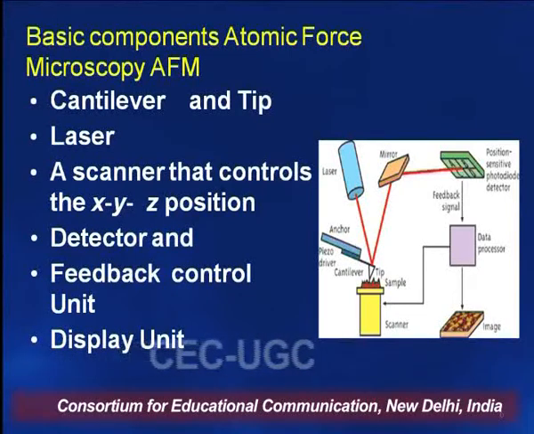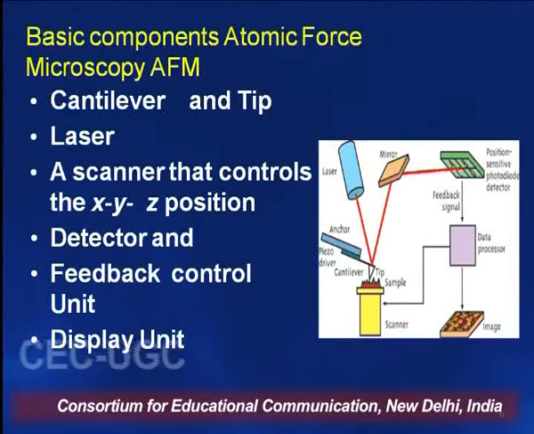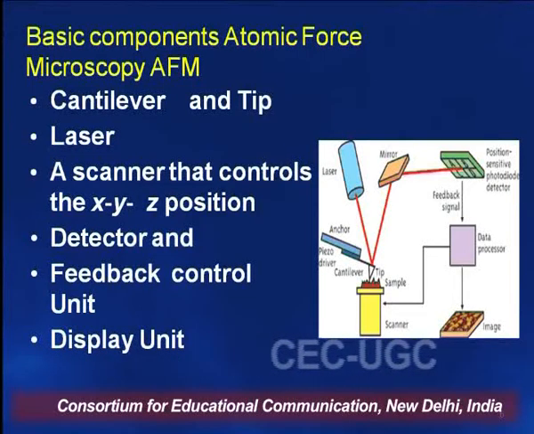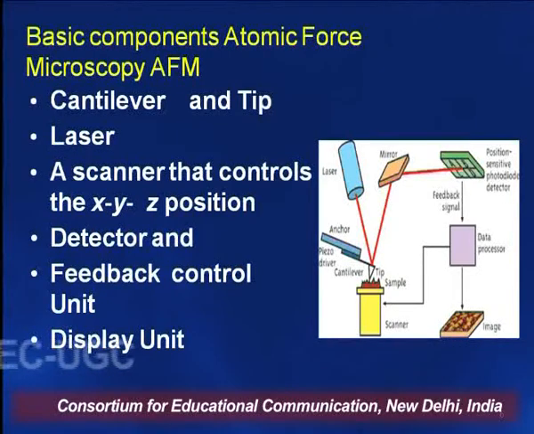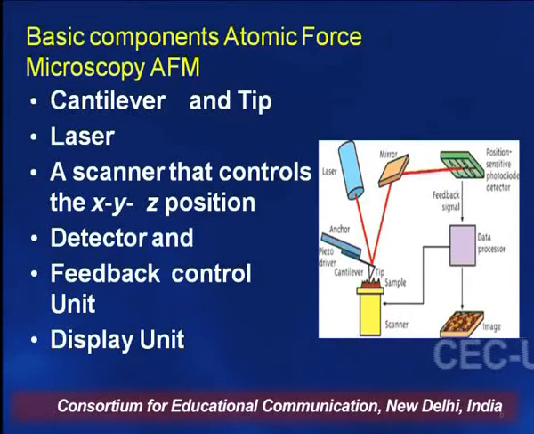Then the scanner that controls the XYZ position of the tip, the detector that detects the output, the feedback control unit, which is used to control the movement and vibration of the cantilever, and the display unit which gives the imaging of the surface.